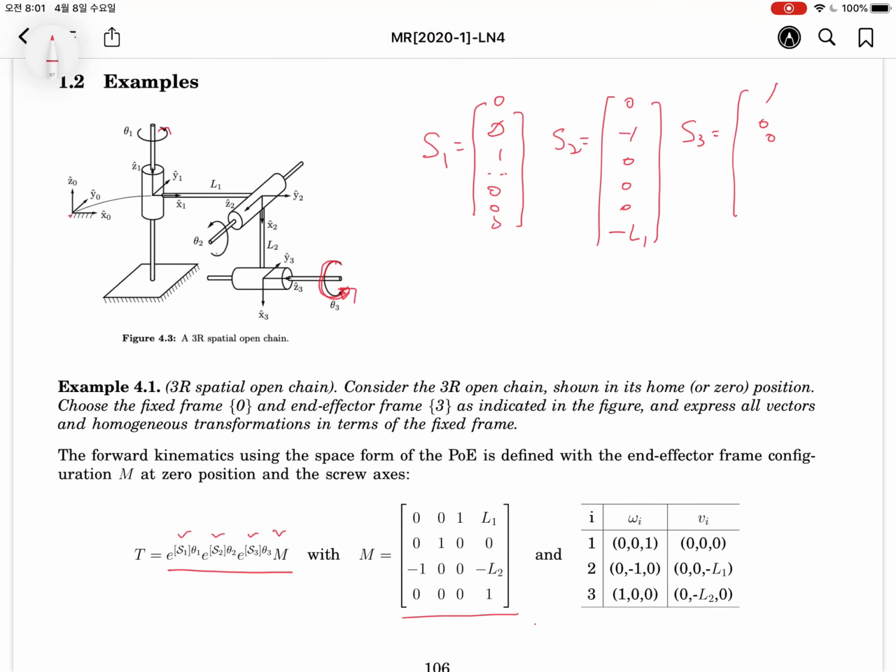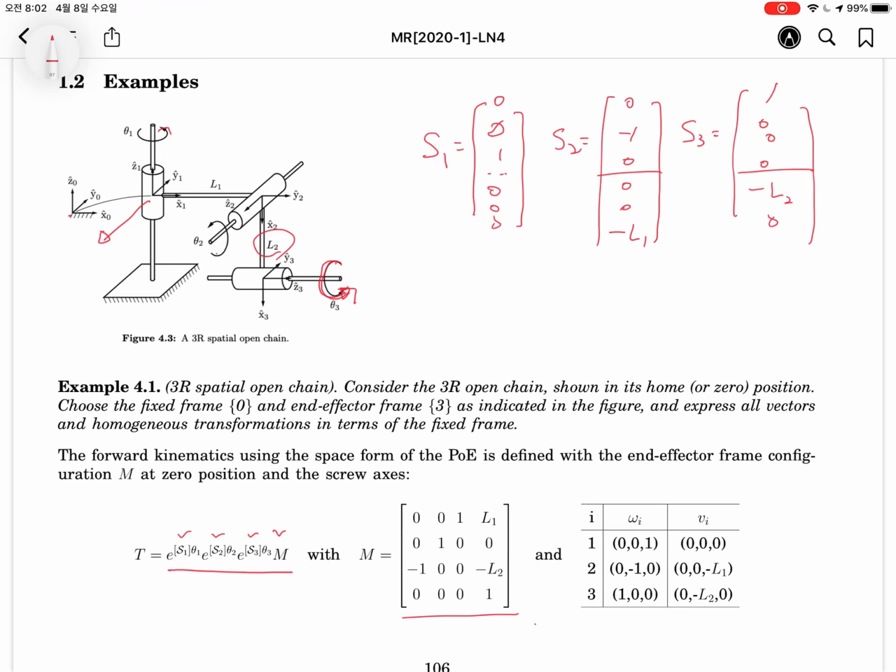This x directional rotational motion is applied. At that time, minus y directional movement will appear at the origin, with the magnitude of L1 plus L2, so 0, minus (L1 plus L2), 0.